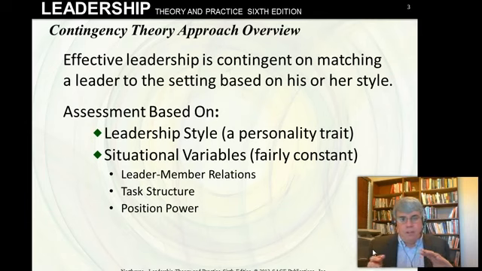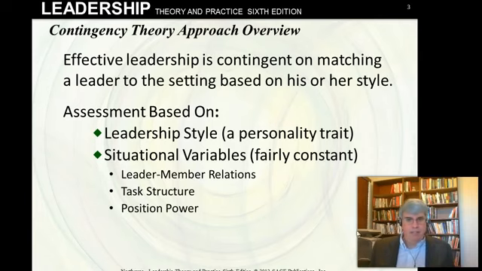Do the followers, do the subordinates know what to do? Is it easy for them to do it? And then also, how much power does the leader have? Does the leader have enough power to get them to do it? Can he reward them? Can he punish them? Or does he just have to charm them into doing it? So that's kind of an overview.